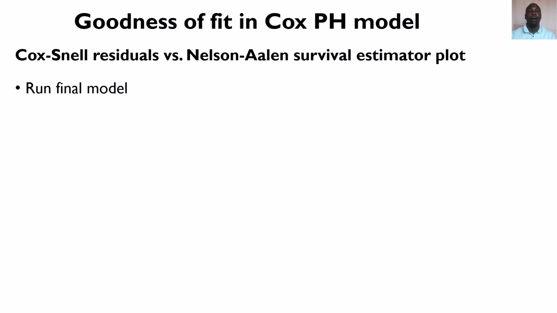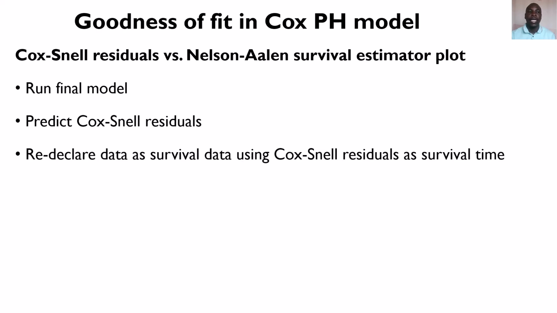First, we shall run our final model, the one which we want to assess its goodness of fit or its model fit. Then we shall predict the Cox-Snell residuals. Then we redeclare our data as survival data using Cox-Snell residuals as survival time instead of the original survival time.